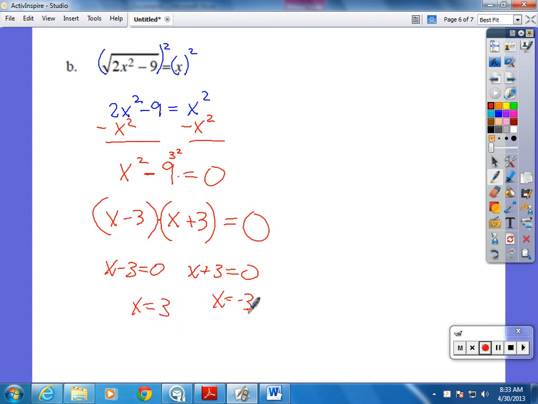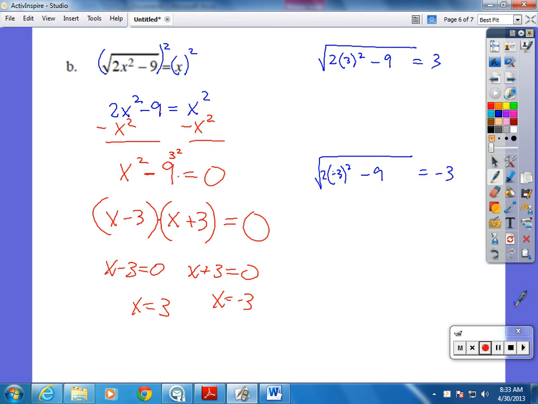And when I'm finished solving for x, I should always remember to do what? Check my answers. Okay? So if I check my answers in both of these equations, all right, do they check?